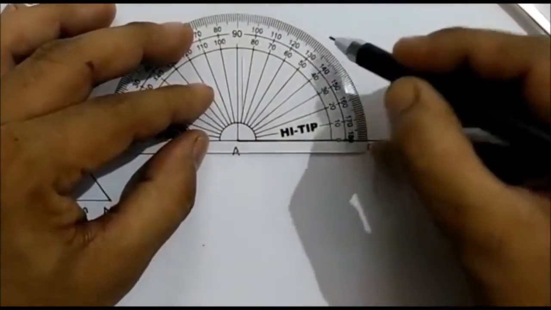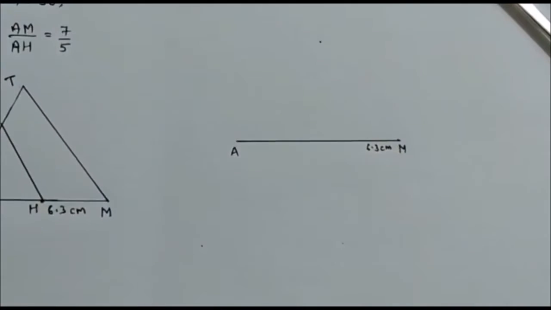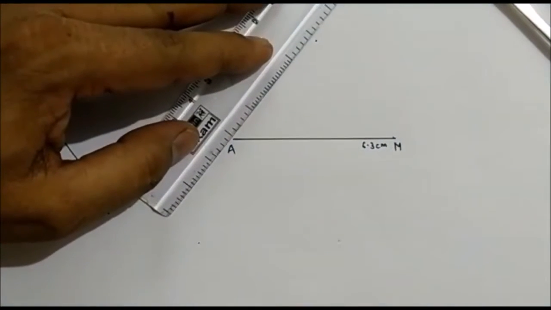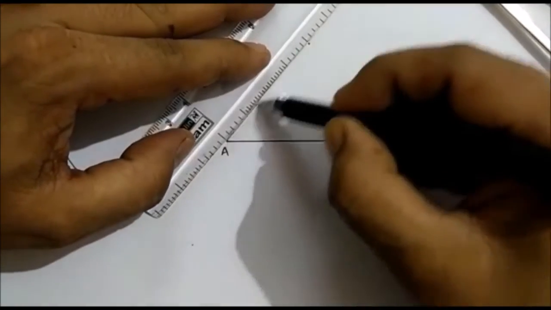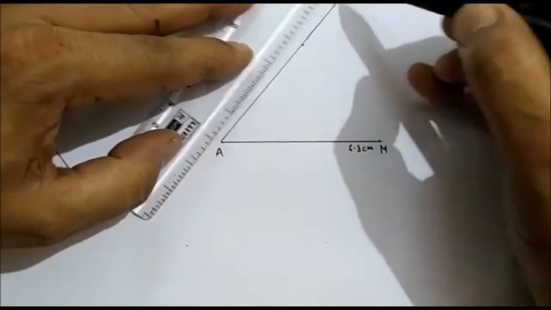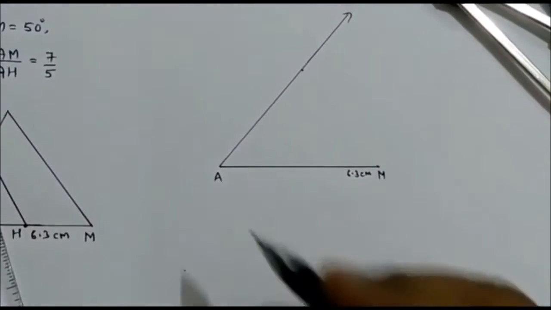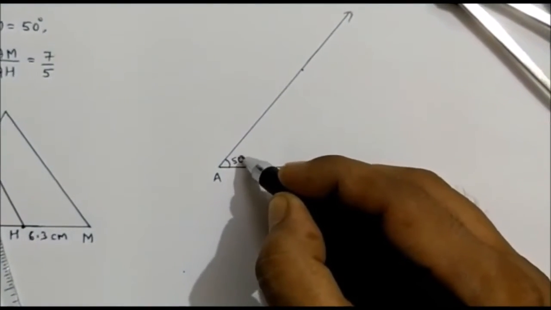So you can see this is 40 and this is 50. We have drawn this, and this angle is 50 degree.